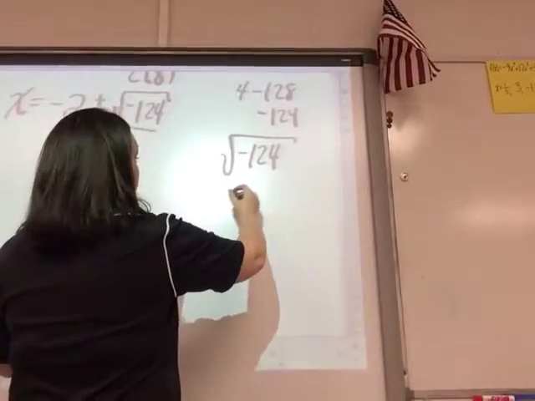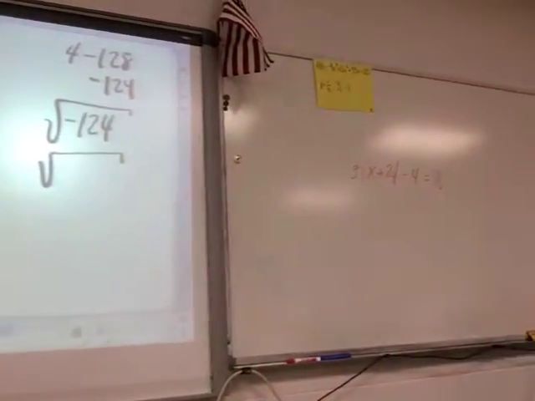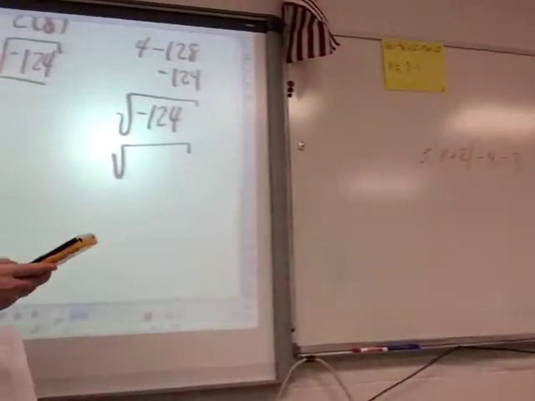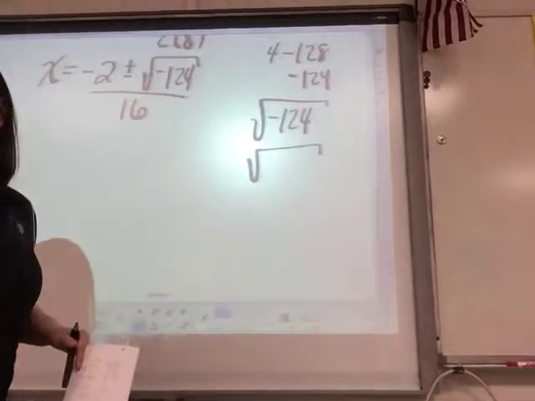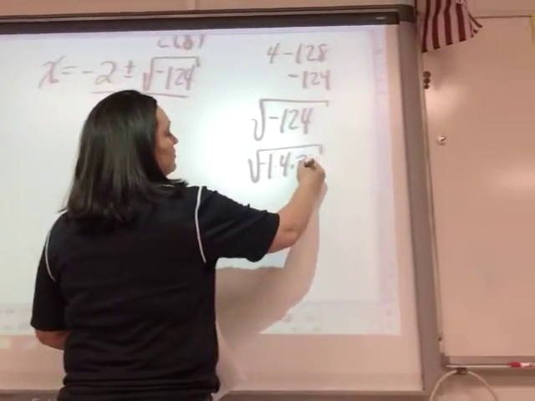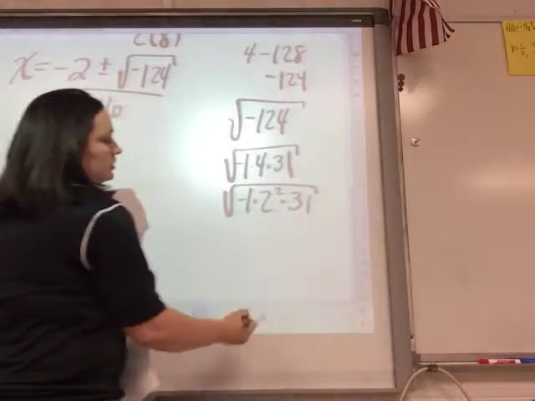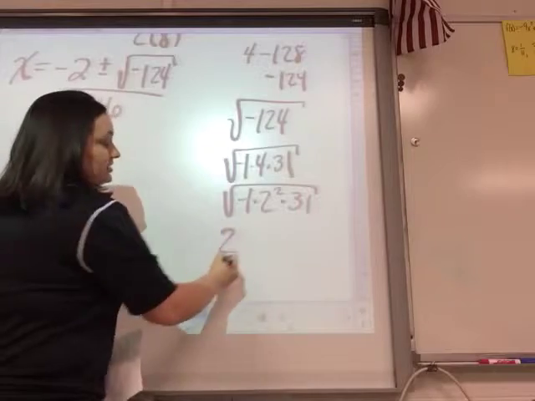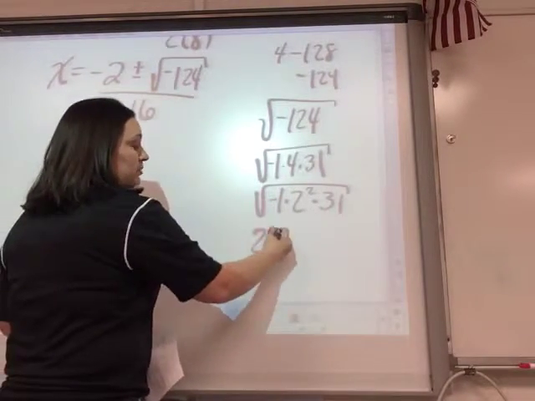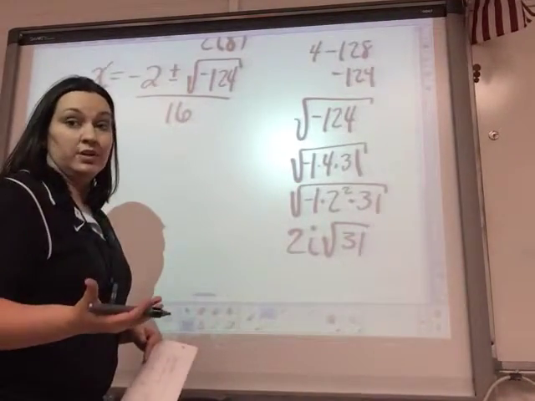So I'm going to say, and let me test it just to make sure real quick here, 124. 4 is my highest perfect square, so I'm going to have negative 1 times 4 times 31. So negative 1 times 2 squared times 31. My 2 squared comes outside because my square and my square root cancel each other. My negative 1, that's my imaginary, and my 31 has to stay on the inside. It's not a perfect square.